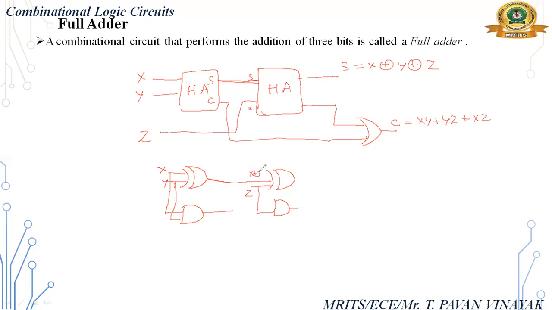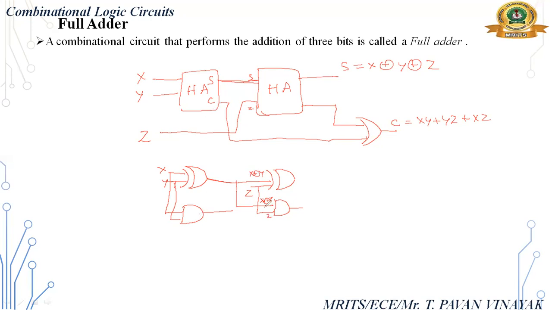X XOR Y, right? The same thing is given here also, X XOR Y. Now what are you doing? This one is Z.